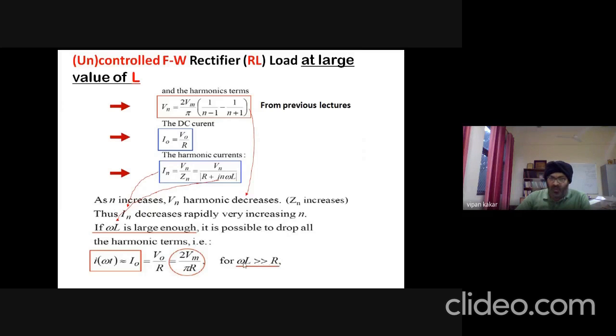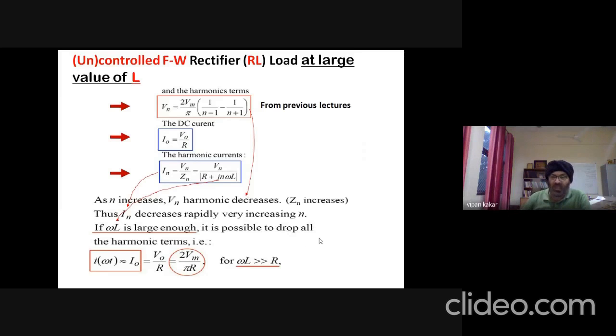So in that case, L is much larger than R. Then this instantaneous current will be the average DC current, meaning no harmonic components, if omega L is made much larger compared to R. So in our design, we need to have a bigger inductor if we want lesser harmonics, but it becomes costly.